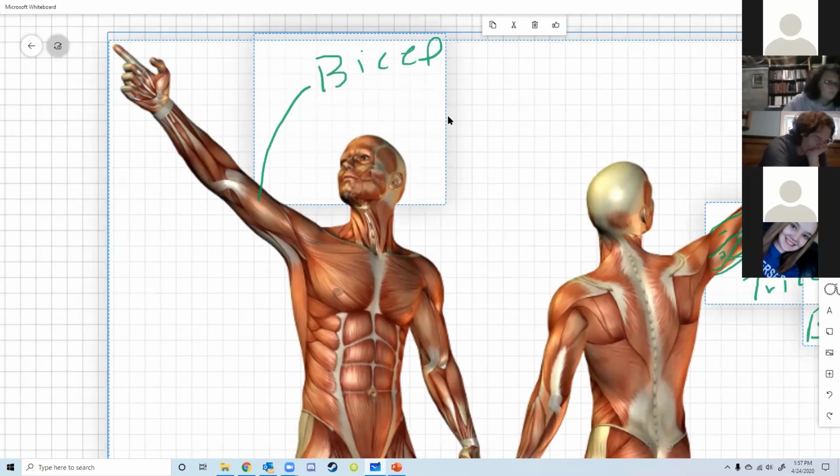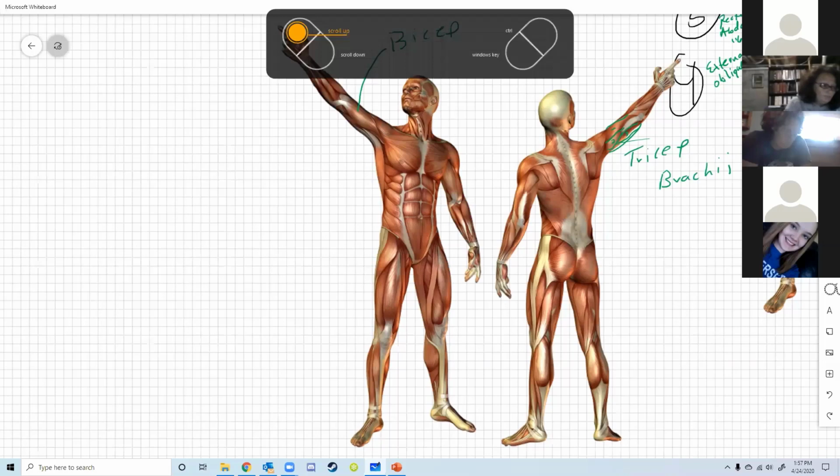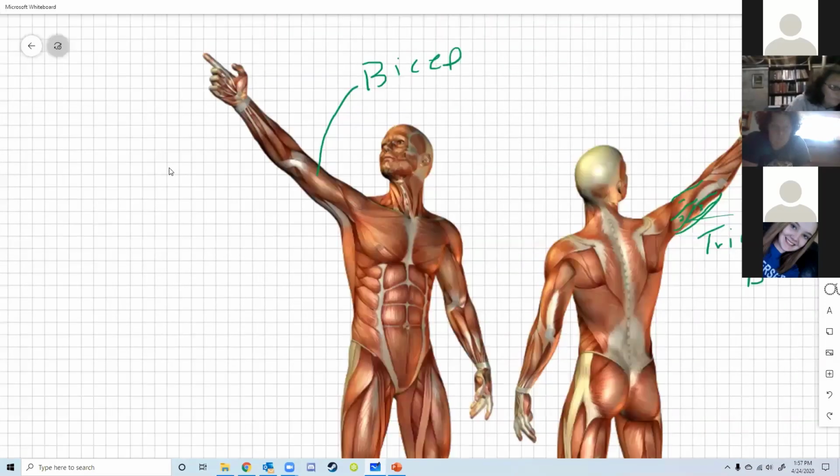Okay, this muscle right here on this area is the brachioradialis.